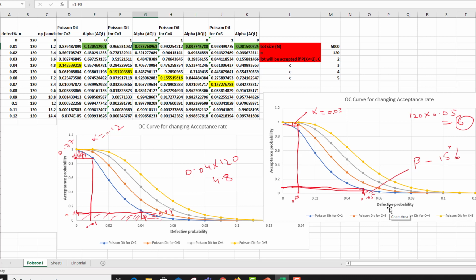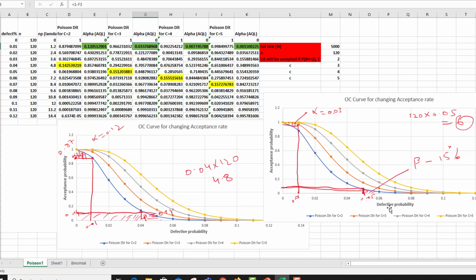I already showed you through this sketch graph that the producer of a specific product would welcome an increase in the acceptance number, because it makes getting the lot accepted by the consumer easier. When you increase the acceptance number, the probability will increase that the consumer will accept the lot.